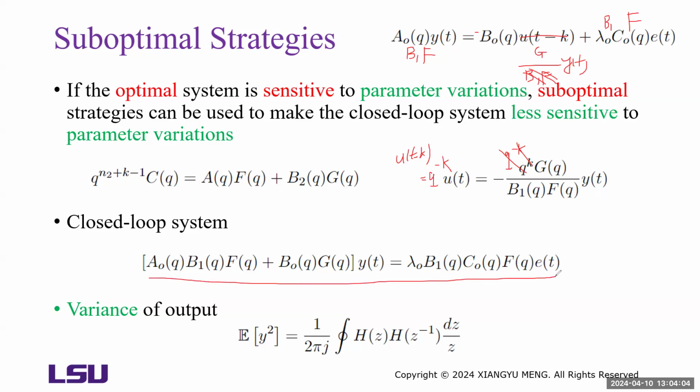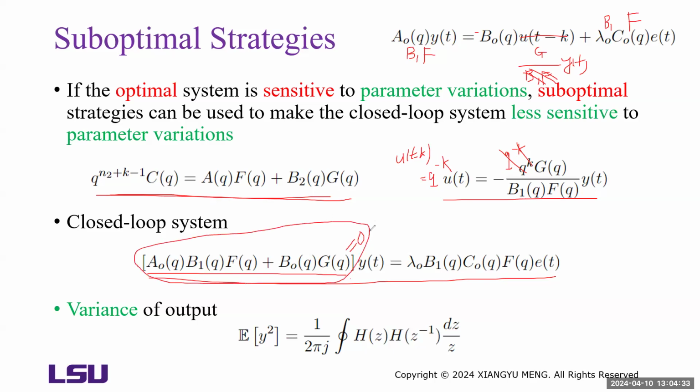Again, we have to make sure the control design, which is based on a mathematical model, works for the physical plant. We have to make sure that the controller will make the closed loop system stable. So we have to make sure all the roots of this characteristic equation are within the unit circle.